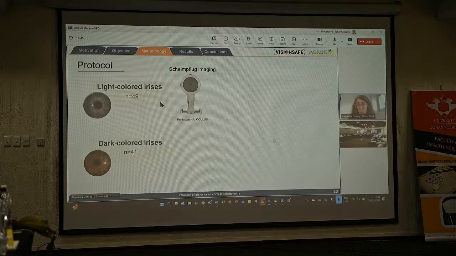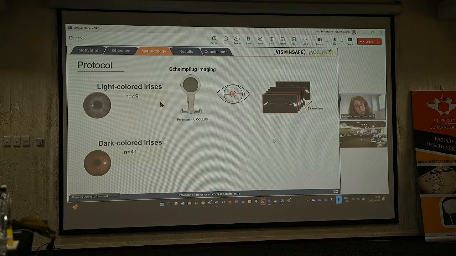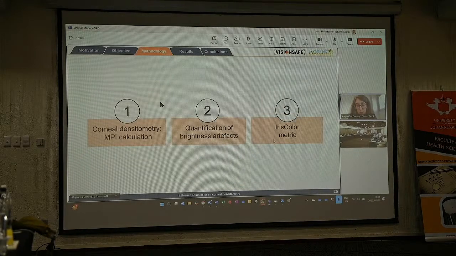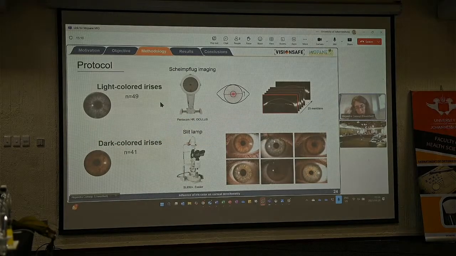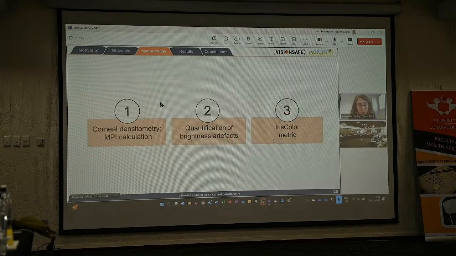We measured them with Scheimpflug imaging, with a Pentacam, which is the benchmark for assessing corneal densitometry. This device is able to capture images in 25 meridians, and we collected them all. Additionally, to assess the color of the eyes, we used a slit lamp, and we just took a standard photograph of different eyes, like the ones that you have on the screen.